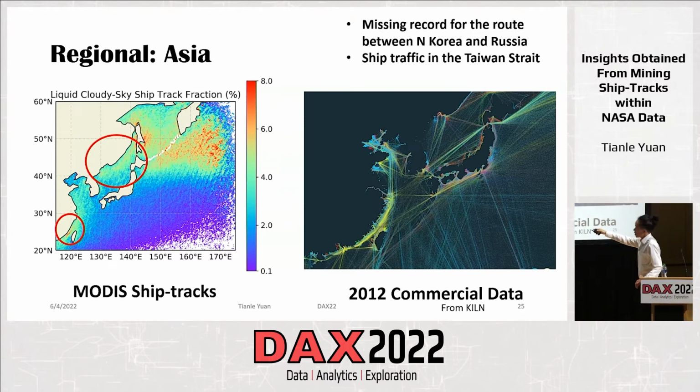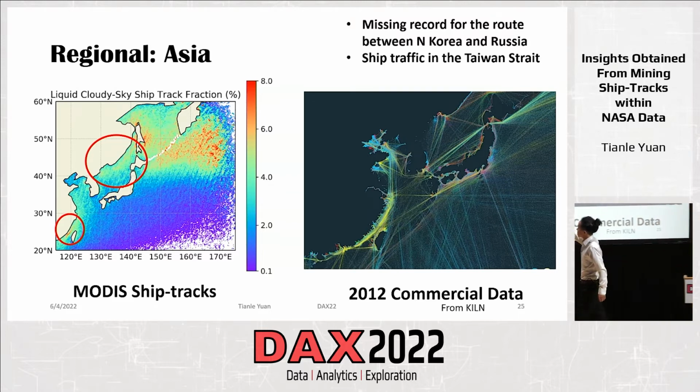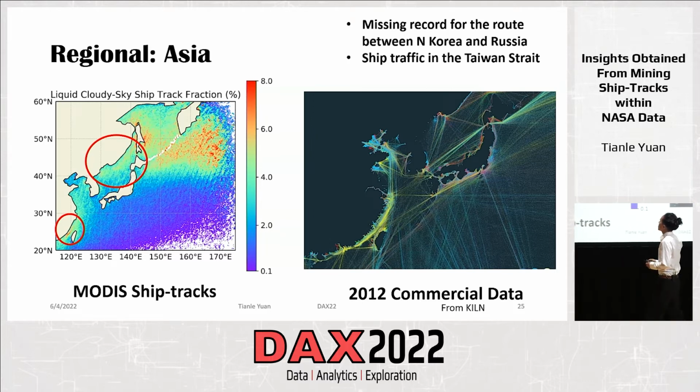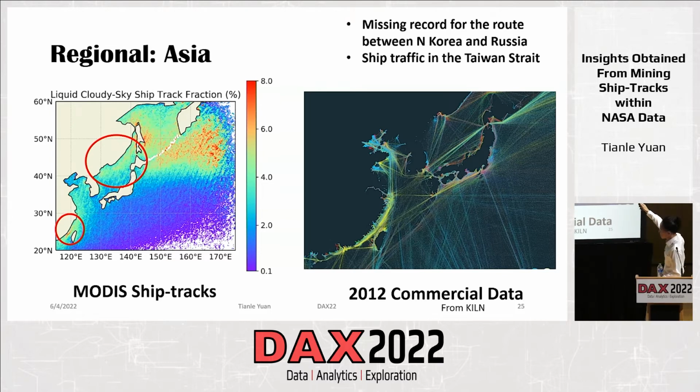But if you look at the area east of Russia and Korea, there's a shipping lane connecting a port from North Korea and a port in the far east of Russia. And if you look at the AIS data map on the right, you don't see that.